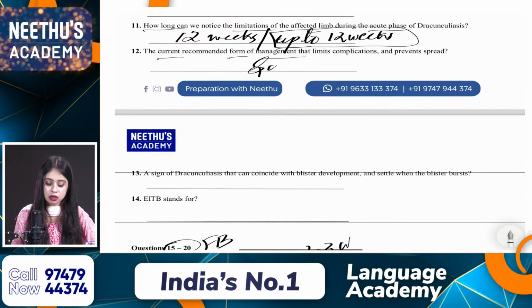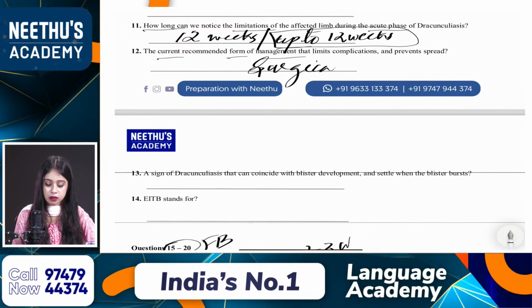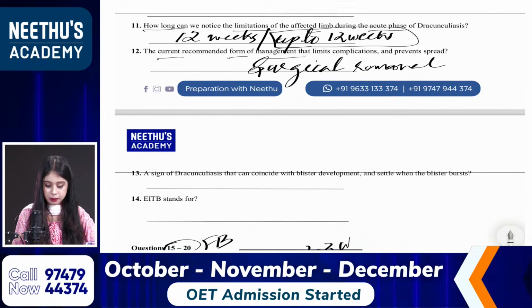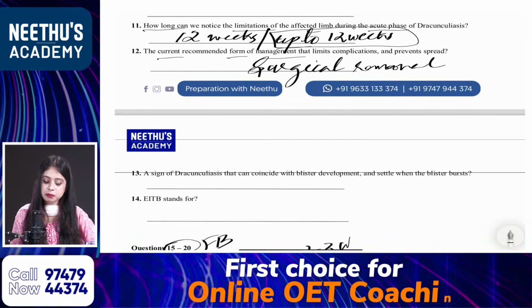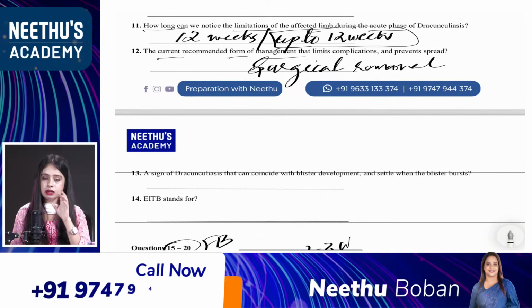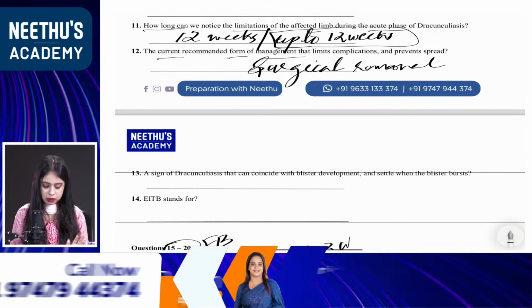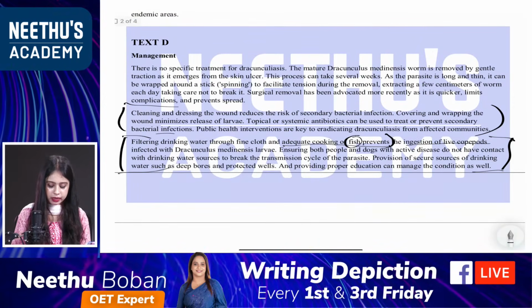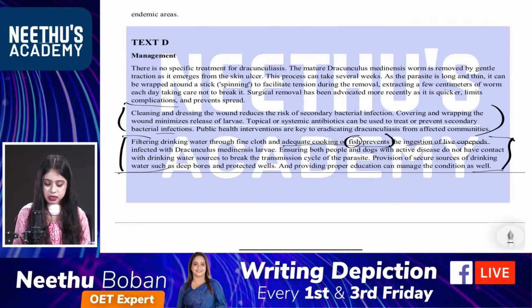Correct answer, which is surgical removal. Okay, surgical removal. Yes. Removal would have been mentioned in that question. It's not mentioned, so please do write surgical removal. And surgical removal is mentioned in management, which is from text D. Yes. So where is it mentioned?